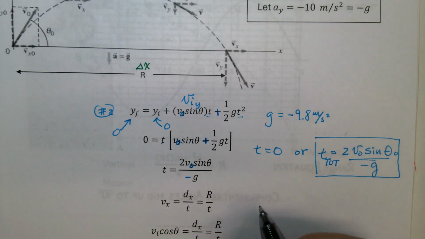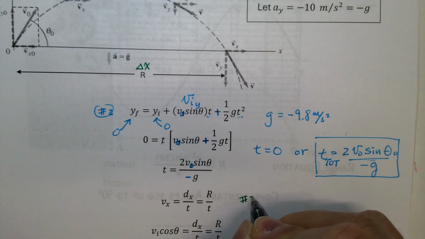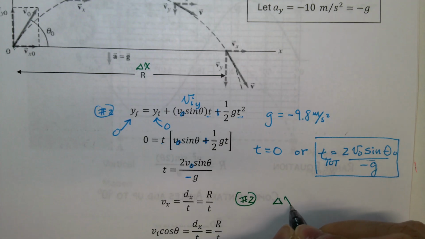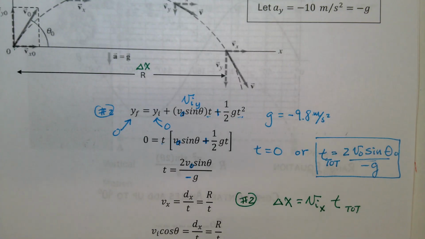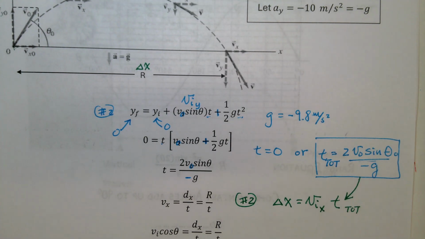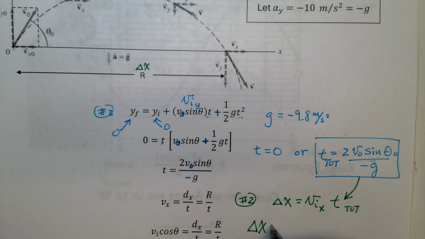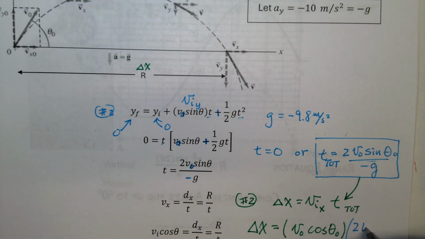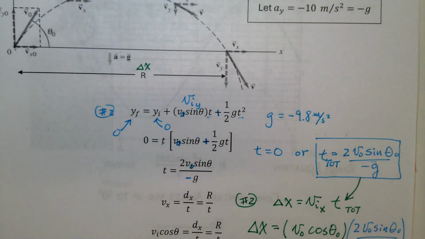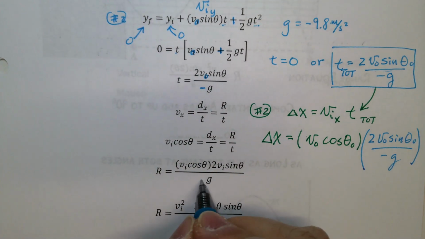If I substitute that time into my equation number 2 for the x, which is delta x is equal to vix times t total, my delta x becomes vix, which is simply v naught cosine theta naught, times this whole mess, right? 2 v naught sine theta naught over negative g. That basically is this.